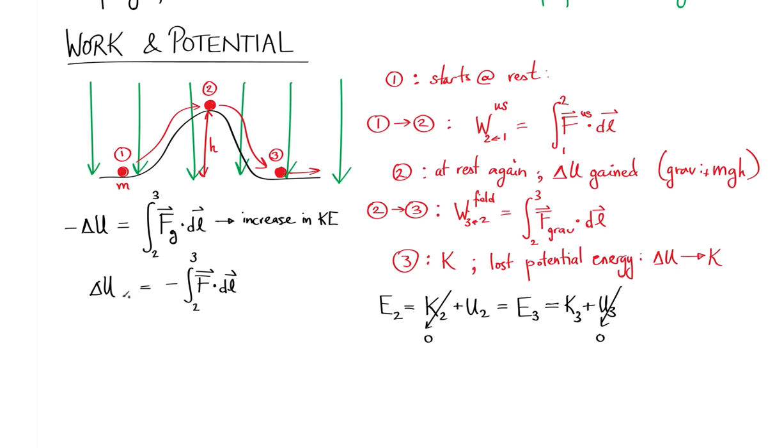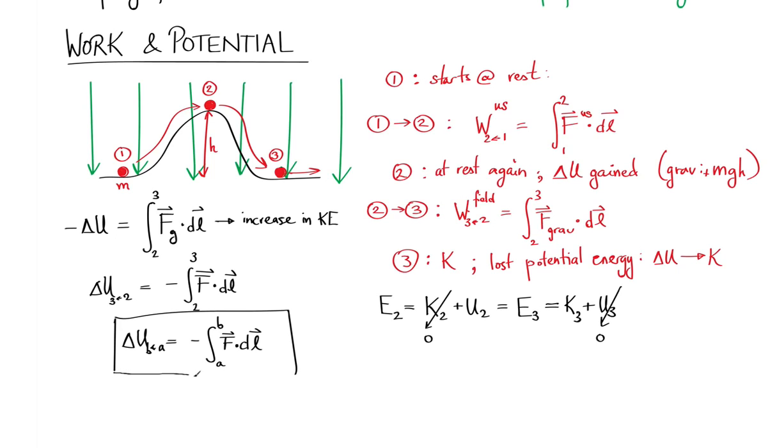And I'm just going to write 2 to 3 here. All right. Or in other words, for any two generalized positions, delta U, going from A to B, is going to be minus the integral from A to B of F dot dl, okay?